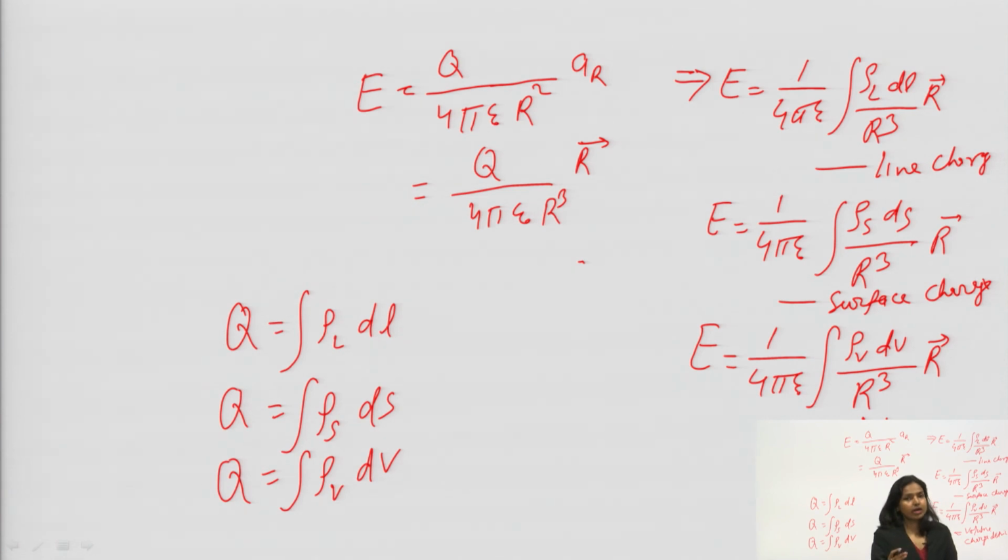Otherwise, you can be asked to find the electric field at a certain point due to a circular ring or square ring. Likewise, problems can vary, but the steps and the concepts are the same. You need to follow the proper concept and steps. This is the general way to find electric field, applicable for any kind of configuration.